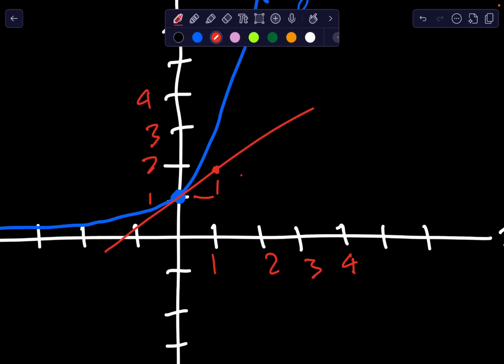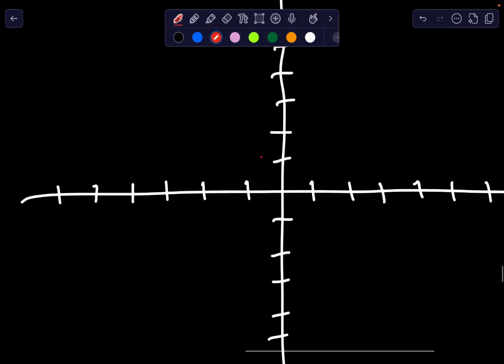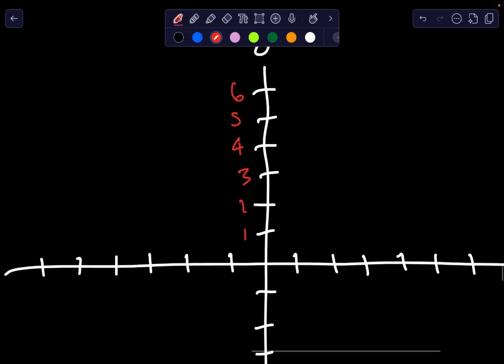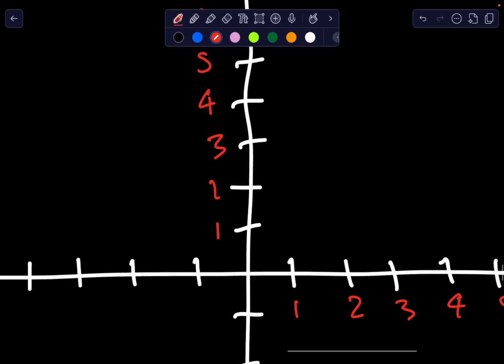Or to say, at that point, f prime, I'm sorry, y prime equals 1. So we can go draw that in over here. It says 1, 2, 3, 4, 5, 6. All right, let's go with it. In fact, let's do it in pink.